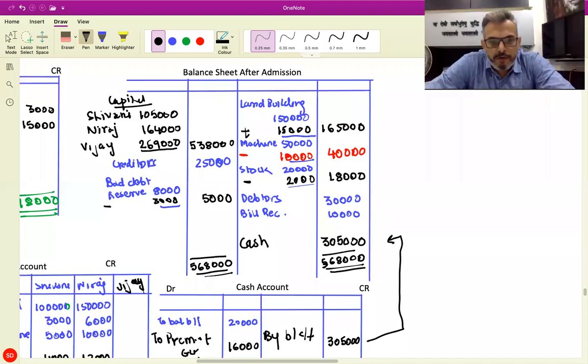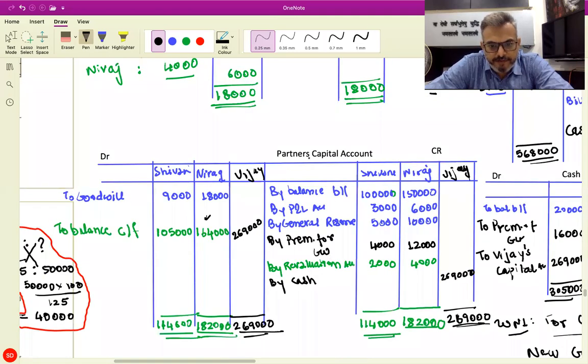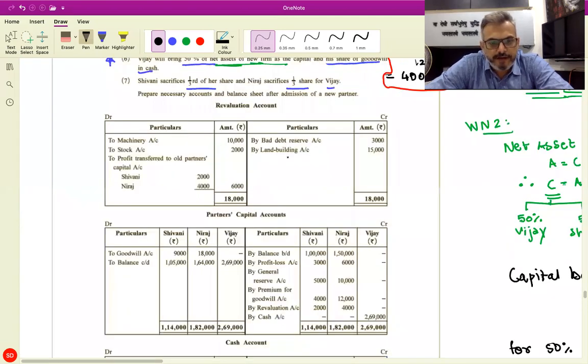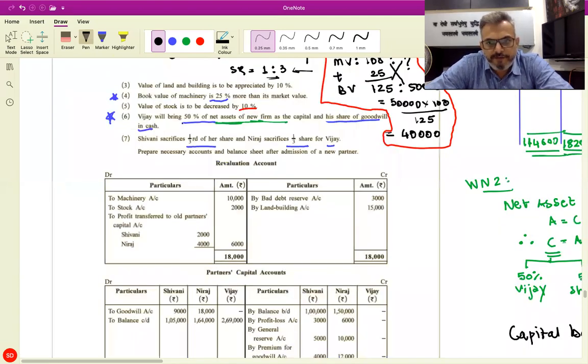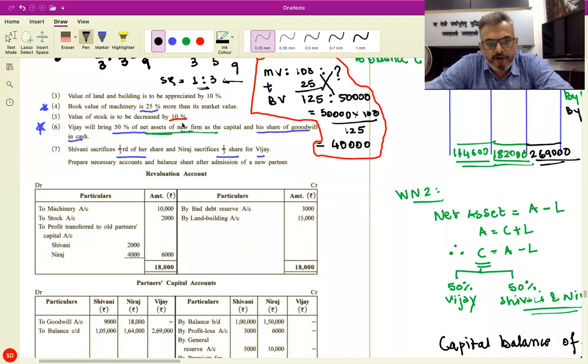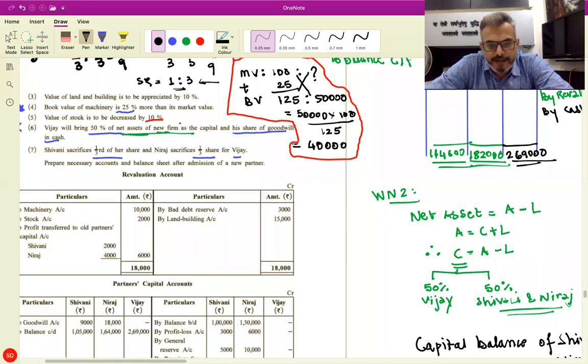Okay, now this sum, just go through it once again. See the last adjustment, what we did. Once again, I'll repeat the adjustment for you. Here it is given that Vijay will bring 50% of net asset of new firm as capital and his share of goodwill in cash. So 50% of net asset यानी क्या?